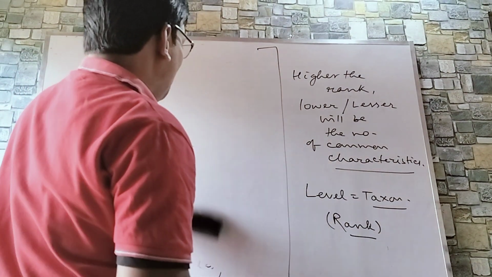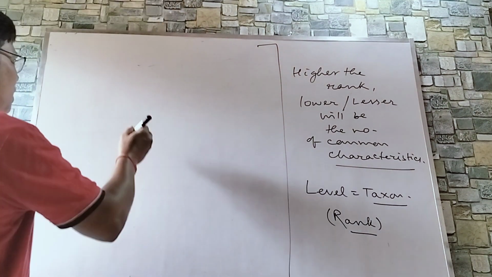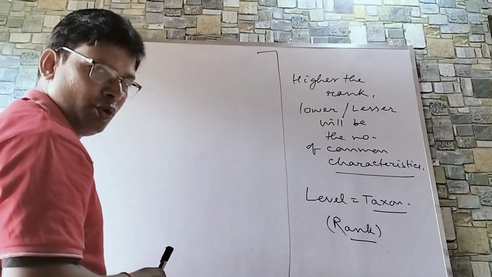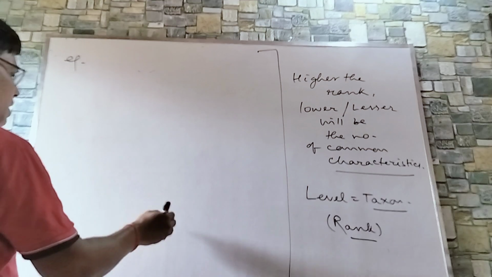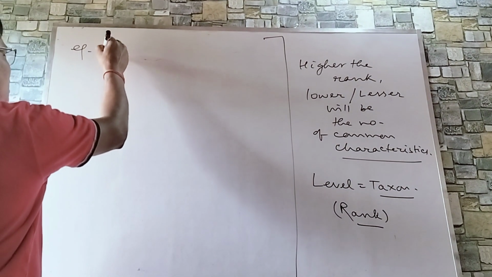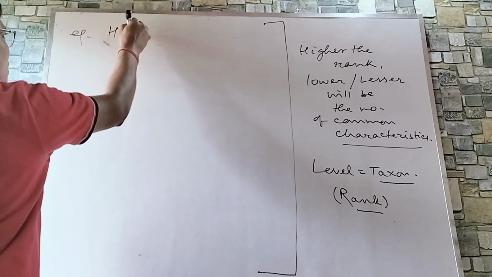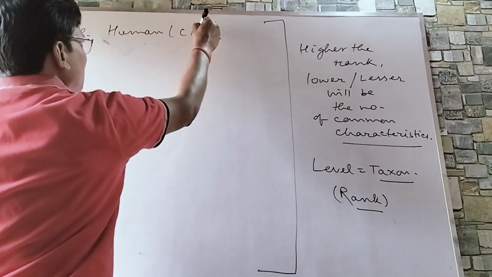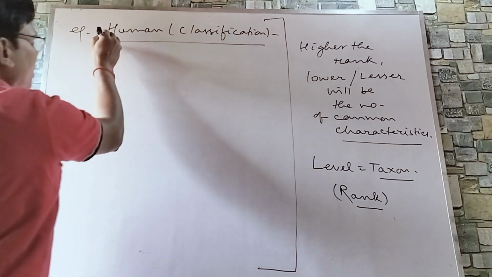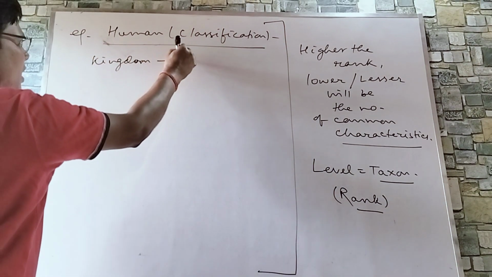Okay, and one more example has already been given in the NCERT 11 textbook. If you have to classify humans, this is the way. First, kingdom Animalia.